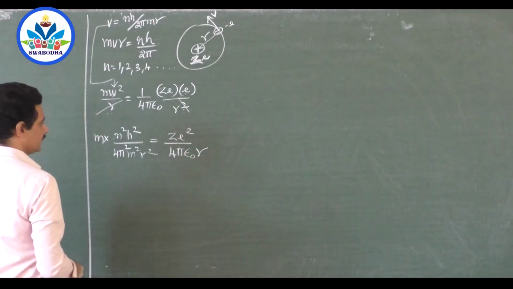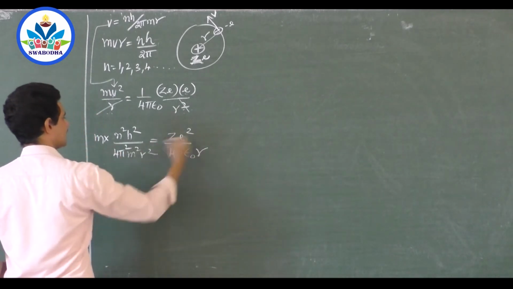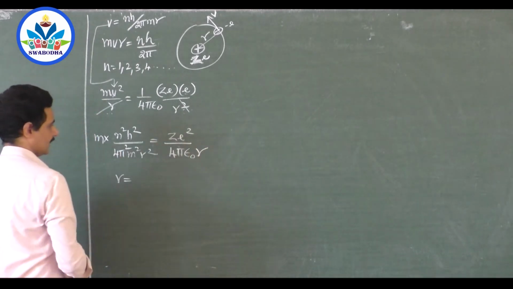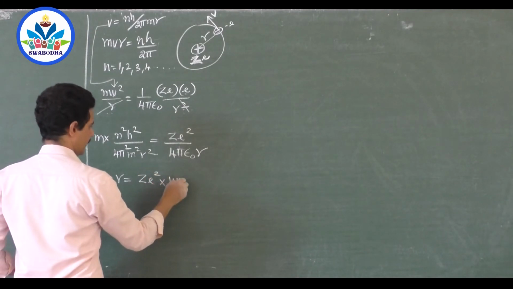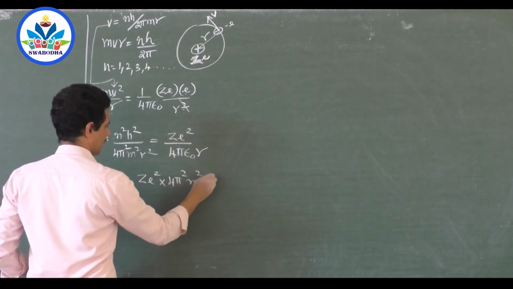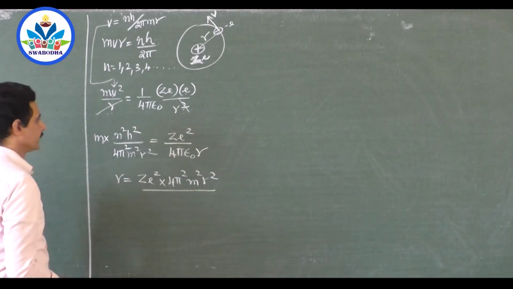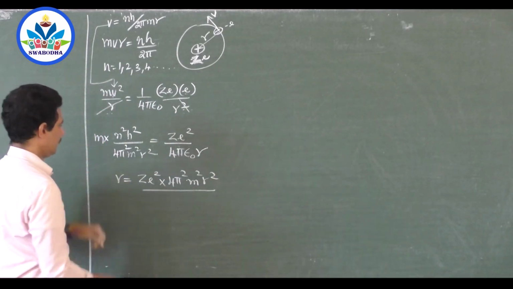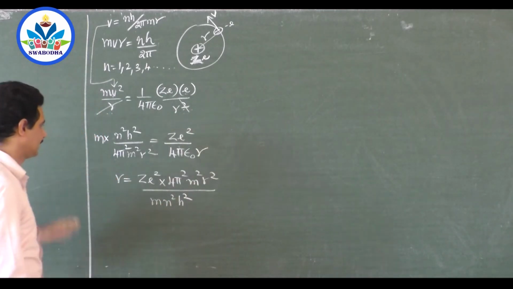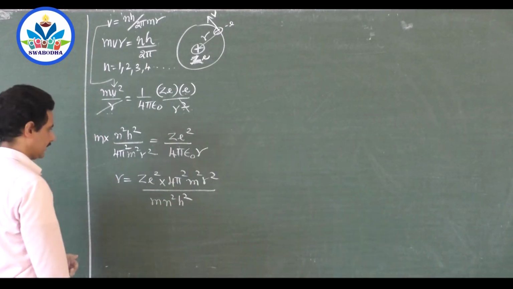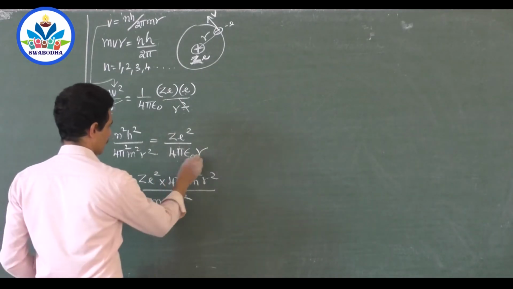But we want the expression for r, so I will bring r here, rest of the things to the right hand side. What is the radius of the electron? Z square into 4 pi squared m squared r squared divided by m n square h square. What else? Nothing else. Everything is perfect now. 4 pi epsilon naught r.